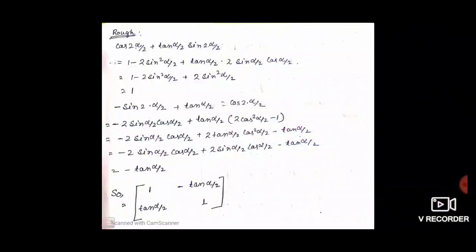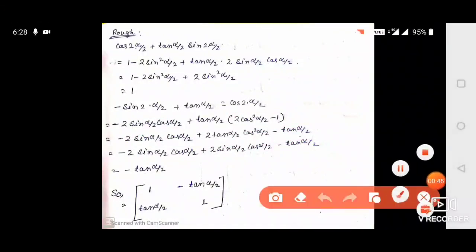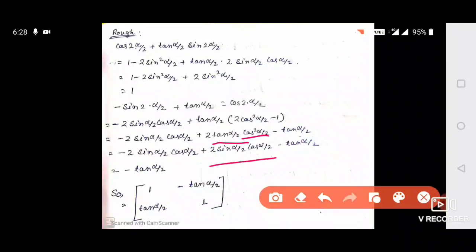After that, tan alpha by 2 can be written as sine alpha by 2 by cos alpha by 2, and we can cut cos alpha by 2 and from here cos alpha by 2. So we will be left with this 2 sine alpha by 2 cos alpha by 2. After that we will get this minus tan alpha by 2.